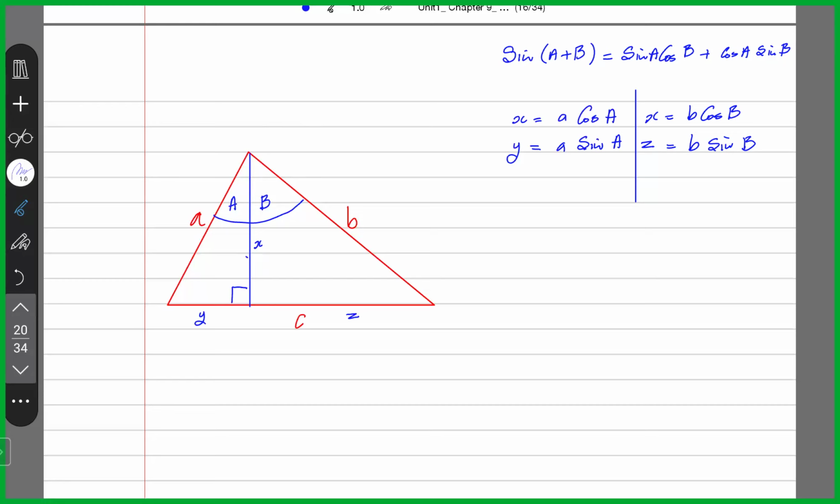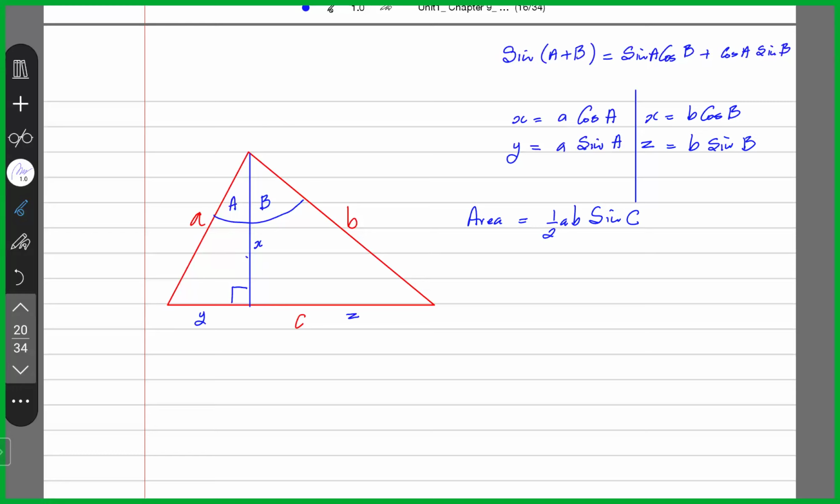So now let us use area to prove the trig identity above, that sine A plus B is equal to sine A cos B plus cos A sine B. Let's look at area. The area of the entire triangle, using this formula, is a half ab sine C, where a and b are two adjacent sides, and C is the inclusive angle.